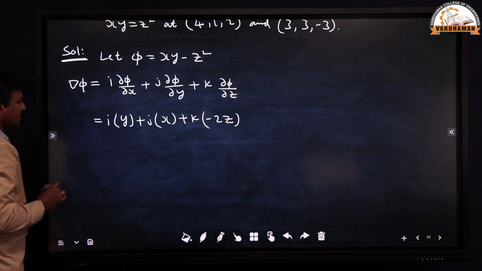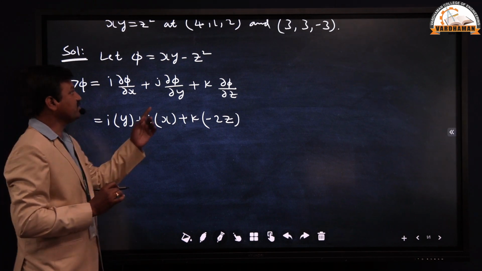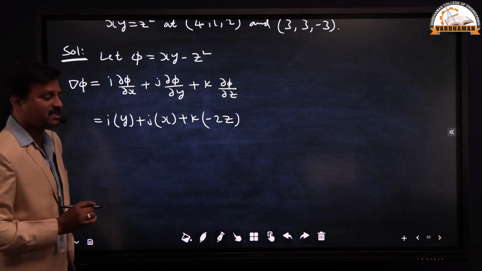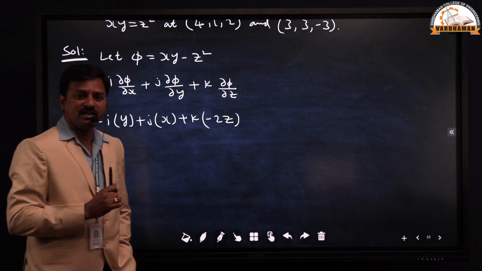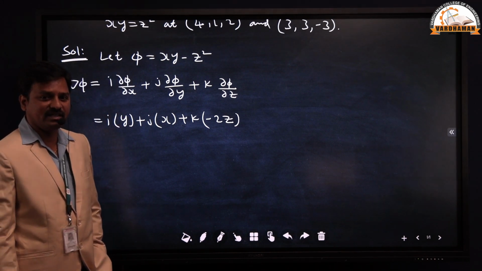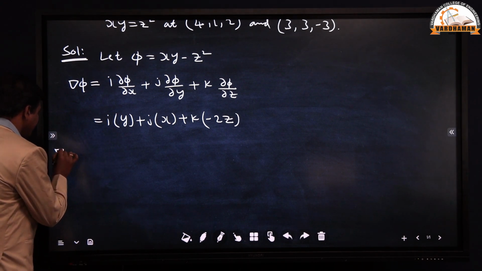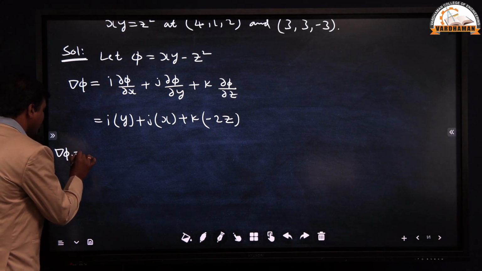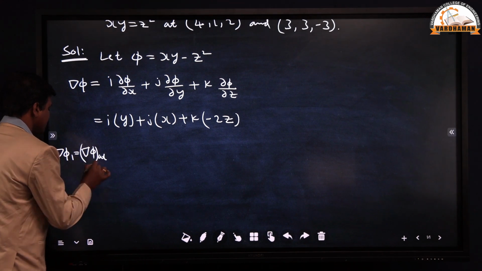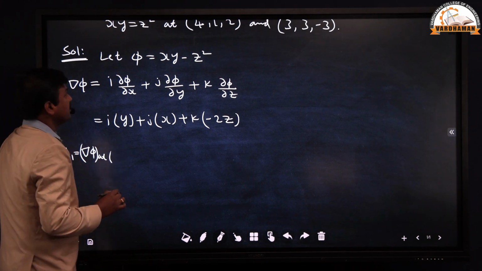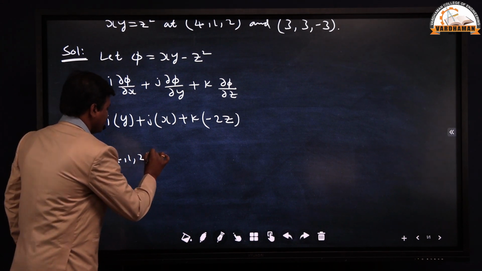Next, let us assume that the normal to the surface pi at the point 4, 1, 2 as del pi 1 and the normal to the surface pi at the point 3, 3, minus 3 is del pi 2. Therefore, del pi 1 equal to del pi at the point 4, 1, 2.